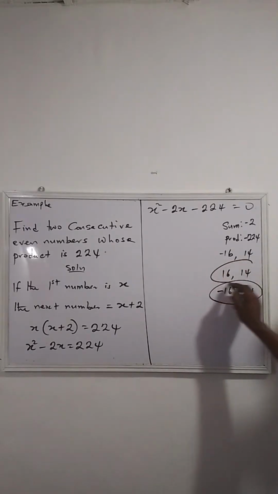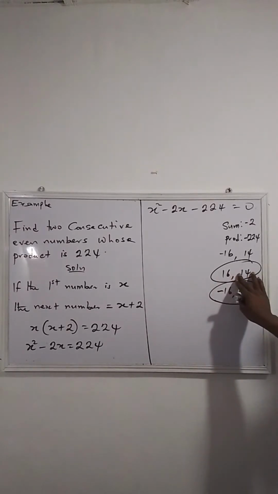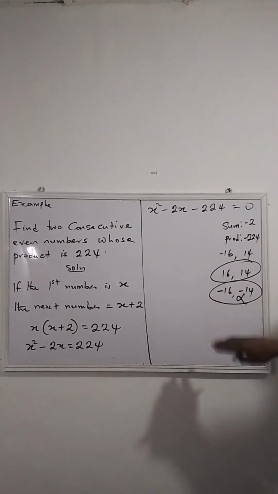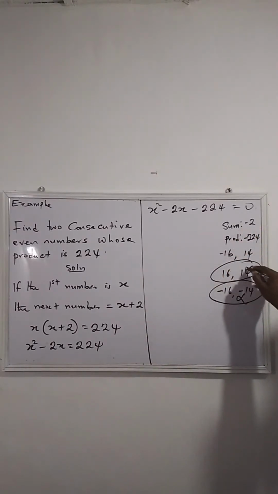Now, let's look at the second one, which the majority of you dropped as your answer. When you multiply this and this together, there's no way you're going to have minus 224. You will have plus 224. Even when you add together, you cannot have minus 2. So that makes it wrong.